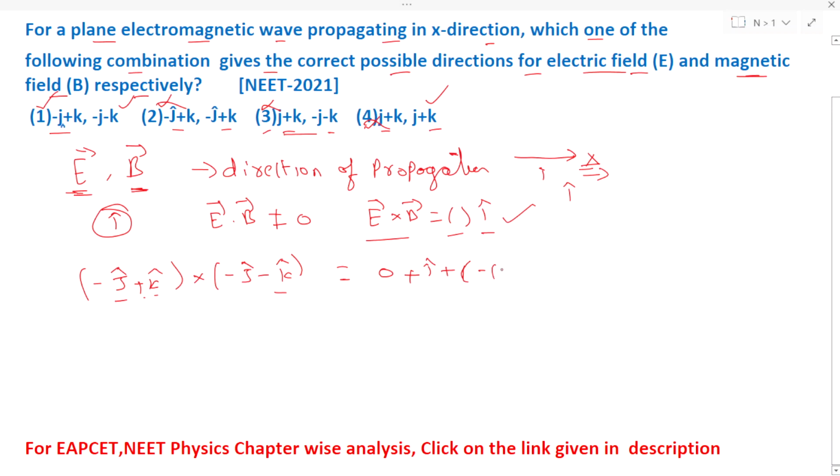So that is minus of minus I cap. K cap cross minus K cap is 0. So minus into minus is plus, that is I cap plus I cap, equal to 2 I cap. So E bar cross B bar is along the direction of I cap, that is along the x-axis. So our answer is the first option.